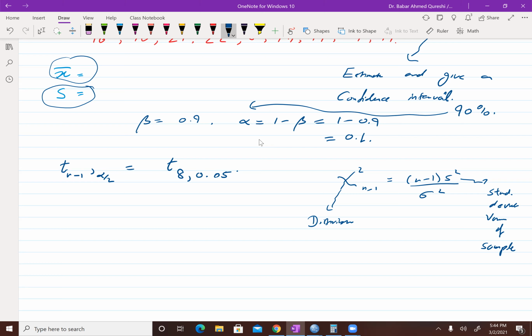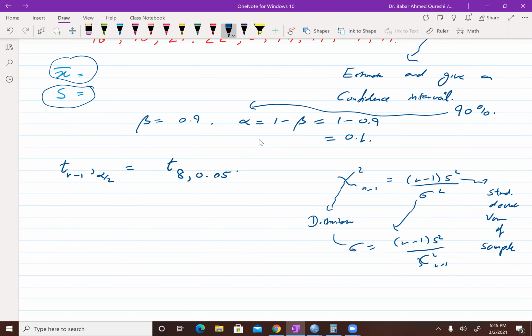That is given by this, and that depends on the number of variables. So since you do not know the population variance, you are replacing the population variance by this variable.